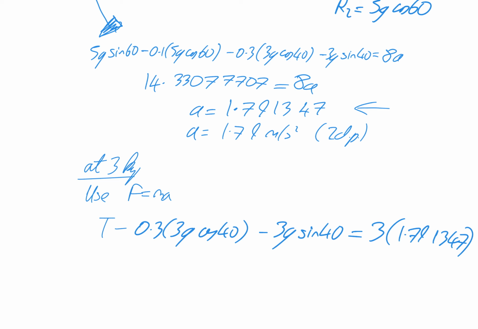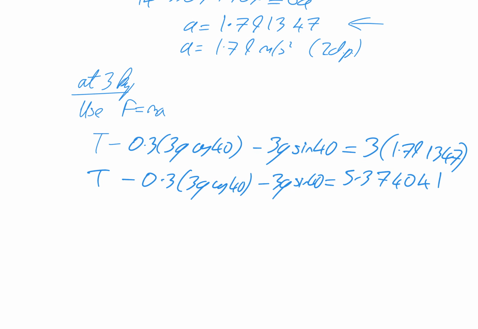I've got that on my calculator still, so just do that right-hand side first. That times 3, that right-hand side becomes 5.374041. And then over here I just have my T minus that. I'll just leave it as this, don't need to even do it out on my calculator, save me a wee bit of time.